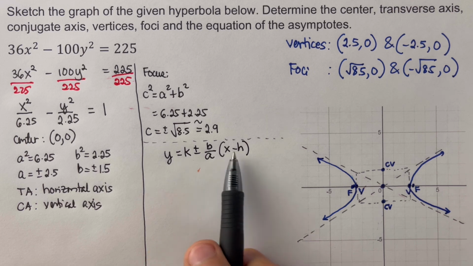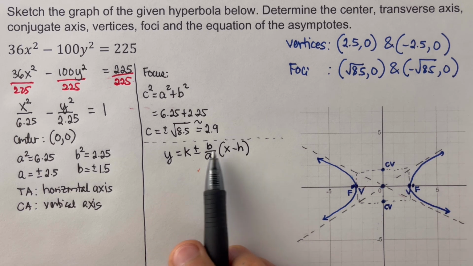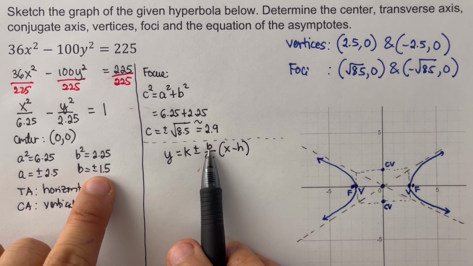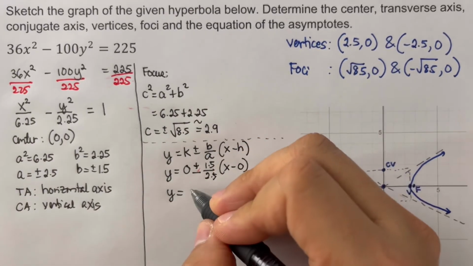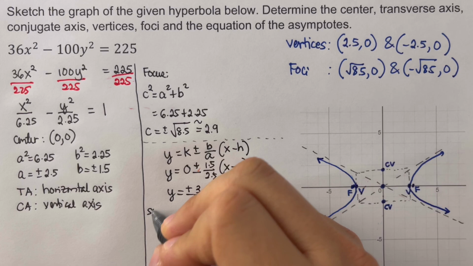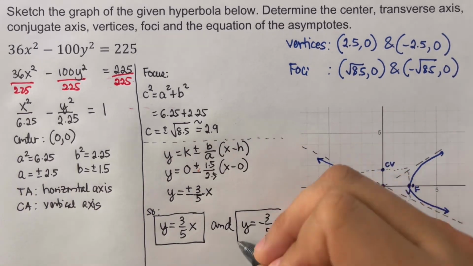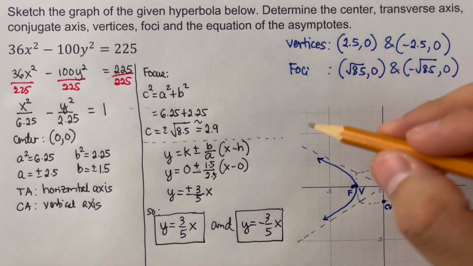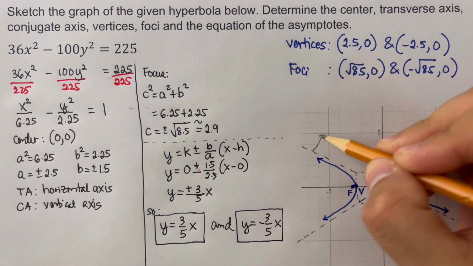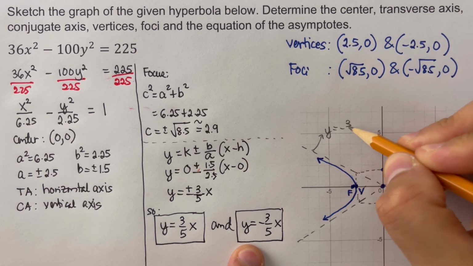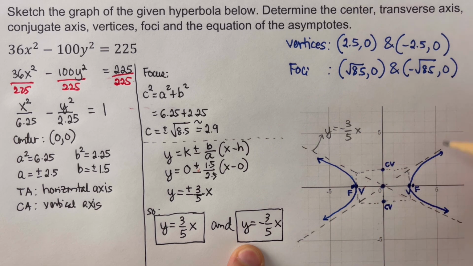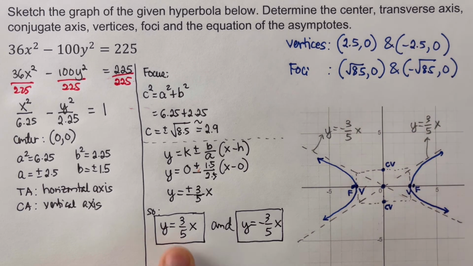Our k and h would be 0, our b is 1.5 and our a is 2.5. In this graph, this asymptote is actually the negative one, so y equals negative 3 over 5x. And this asymptote right here is the positive one, y equals 3 over 5x.